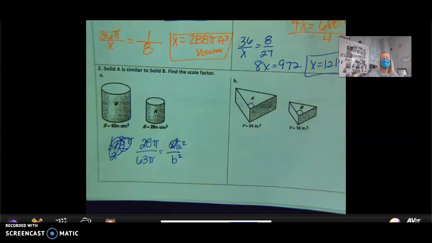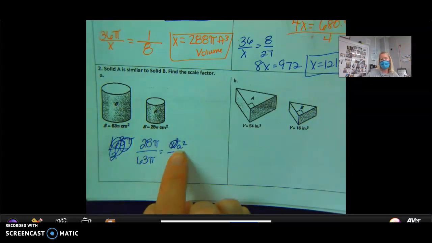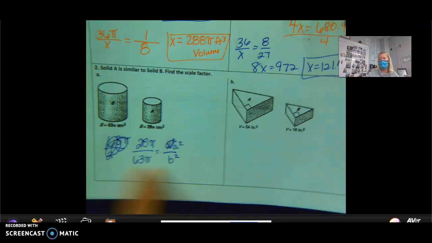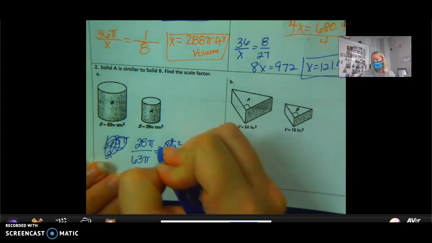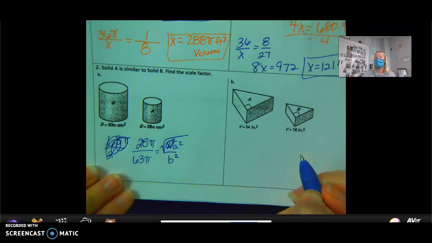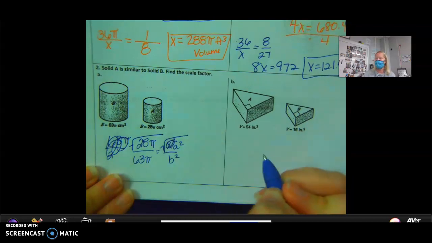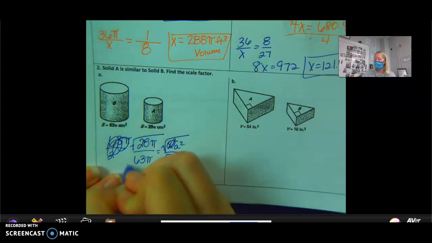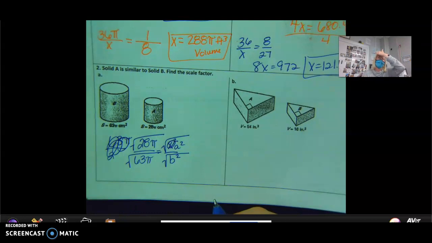So I just started by writing 28 pi over 63 pi equals a squared over b squared. A is this figure, so it's my A, and then this is my B. Does anybody know what you do at that point? You want to square root a squared to get it down to a, right? So you're going to square root that. You want to square root b squared to get it down to b, so you're going to square root that. What is the square root of 28 pi?